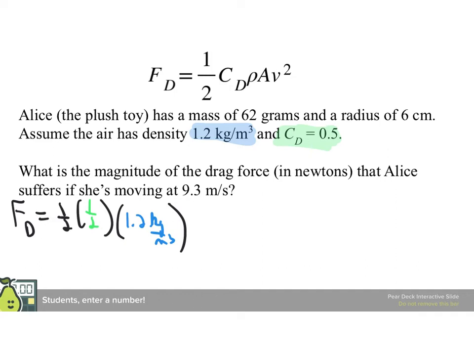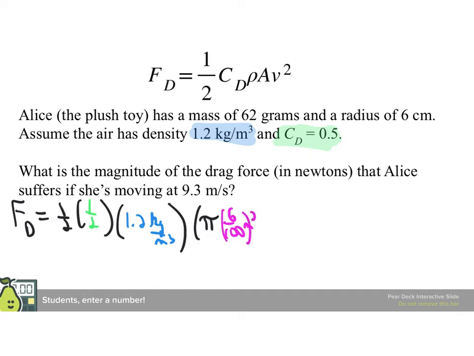Well, the cross-sectional area of a sphere is a circle with the largest radius of the sphere, and the area of a circle is pi r squared. So we're going to put in pi times the radius, and the radius is 6/100ths of a meter.